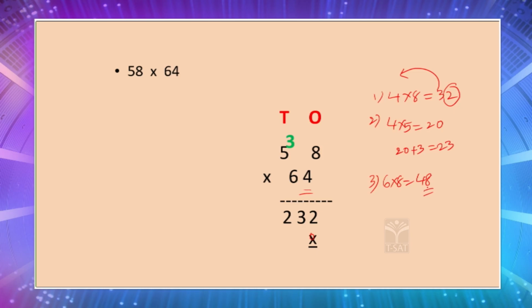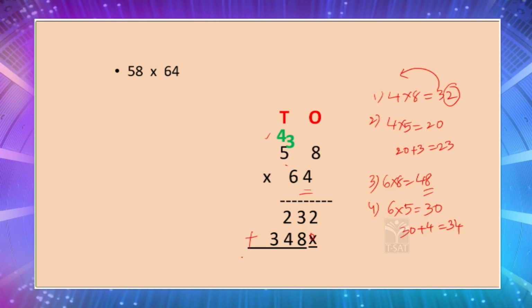Next, third step, 6 into 8 equals 48. From 48 the units digit is 8. So 8 will be written in the resultant and 4 moves as carry forward here. And next, the fourth step, 6 into this 5. So 6 fives are 30 and this 30 will be added to the carry forward 4. So we get 34.